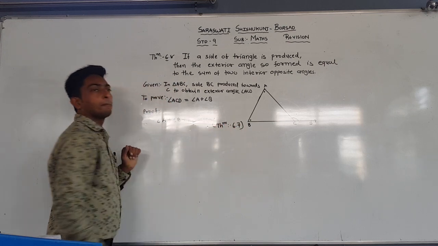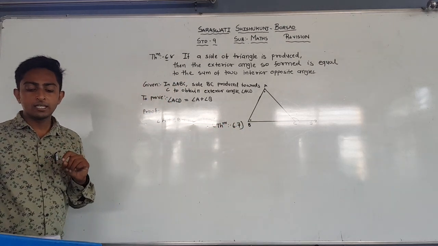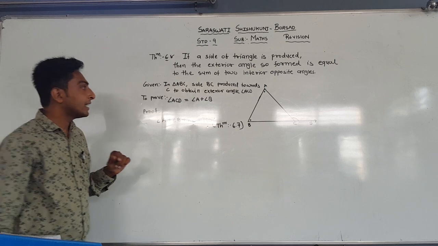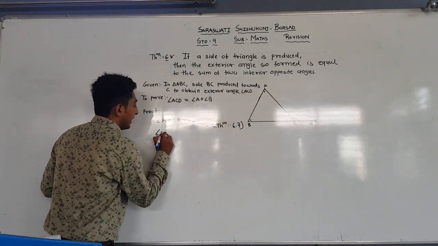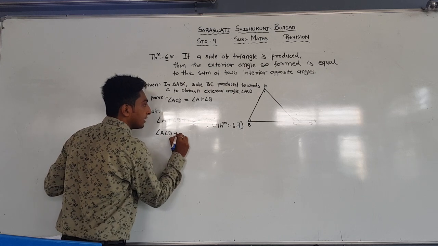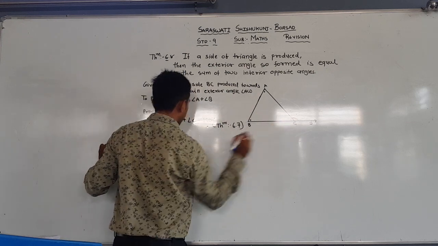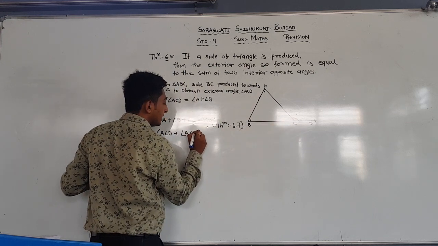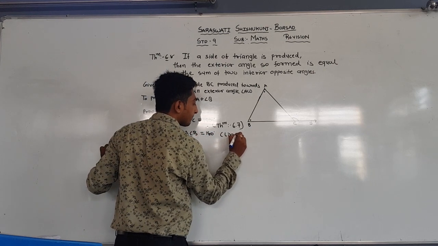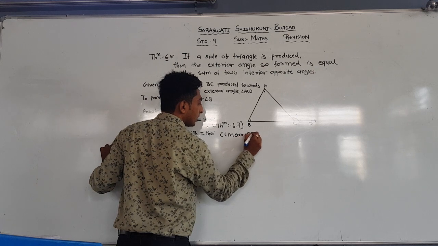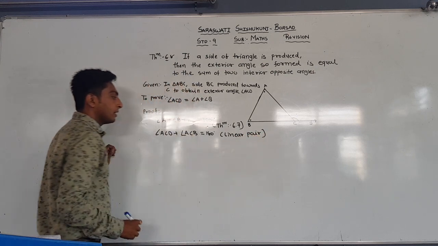6.7. Also we can say that ACD plus ACB equal to 180 degrees because of linear pair.